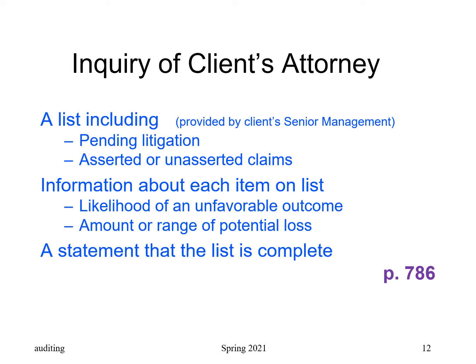So the client is going to prepare a list of pending litigation and any claims against the company. Then we're going to ask the lawyer. The client prepares this on the client's letterhead, then the lawyer will tell us the likelihood of an unfavorable outcome and the amount of potential loss or the range of losses, and a statement that the list is complete.